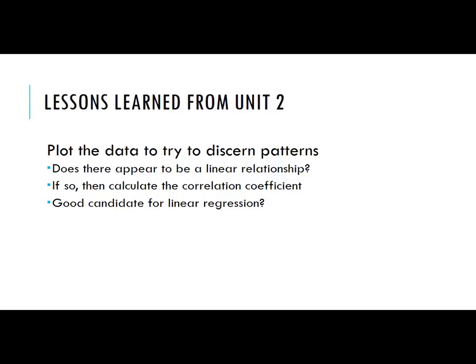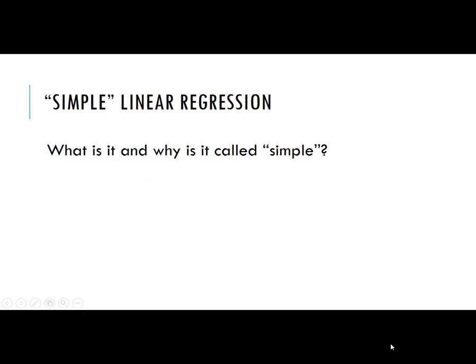So to do that, when we do have an x and a y, we would want to look at simple linear regression, and I put simple in quotes. It is called simple linear regression, but I want you to understand what it is and also why it's called simple.